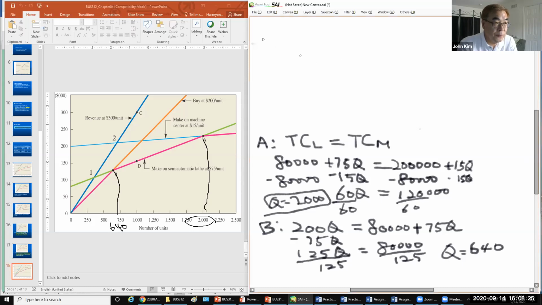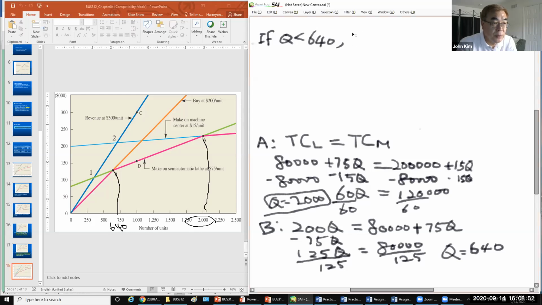So if Q is less than 640, then among 3 options, the first one, second one, third one, this first one is lowest cost option.